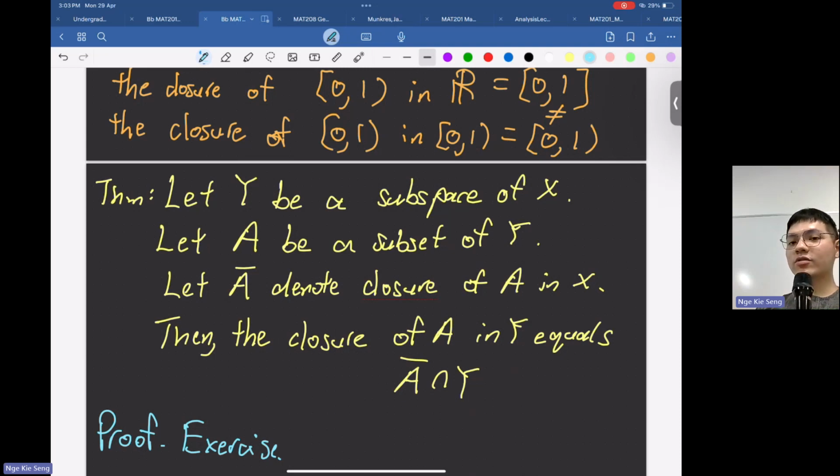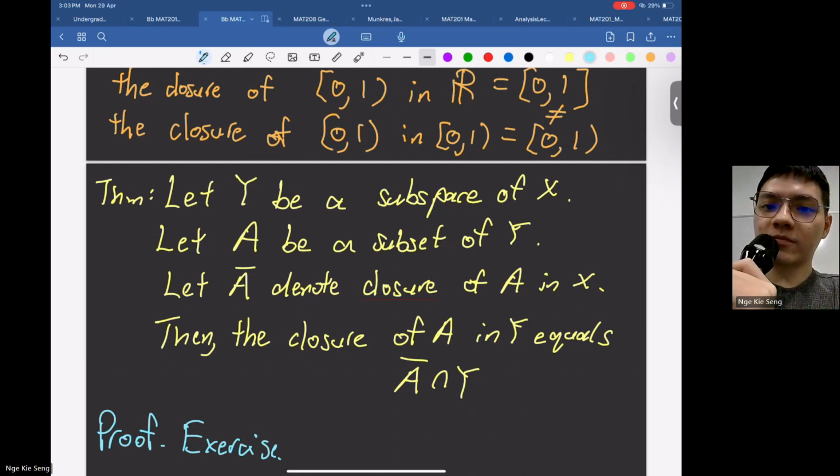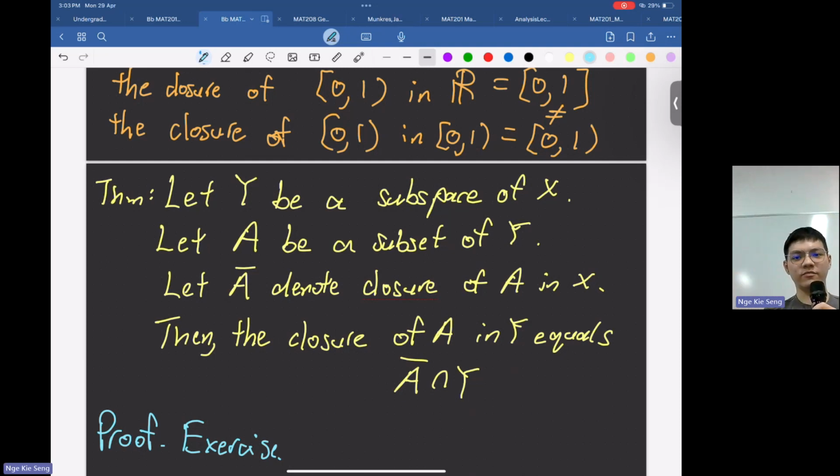Let B equal the closure of A in Y, and then show that B is equal to A bar intersect Y. If you want to show that two sets are equal, then you need to show subset inclusion in both directions. Does it make sense? The proof is not very enlightening. It's just playing around with set theory and definitions.